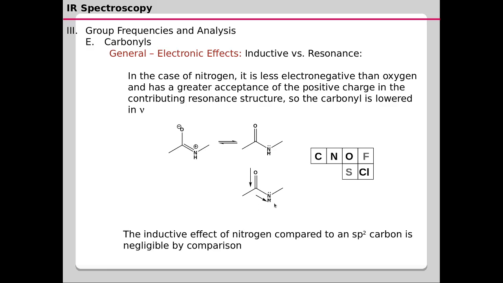But compared to the oxygen atom that we have seen in the previous example, nitrogen is less electronegative, so compared to the previous molecule in the previous slide, there will be a lesser tendency for the nitrogen to pull the electron density towards it.